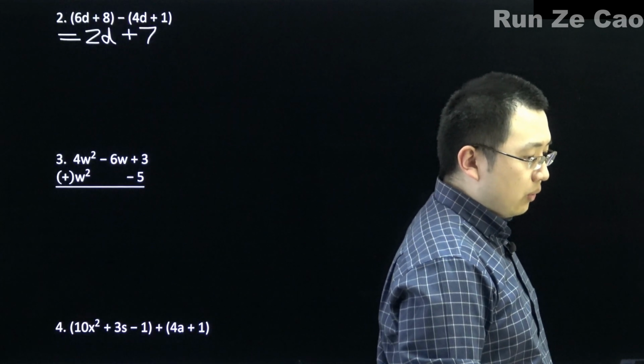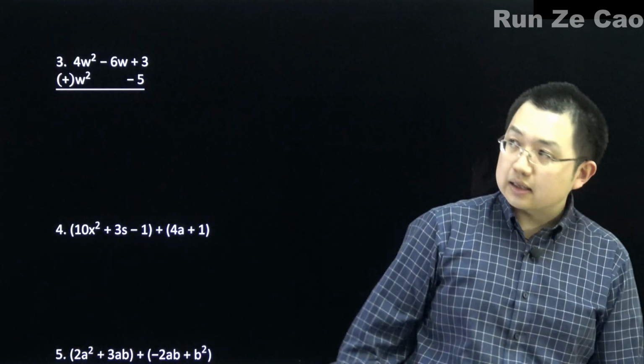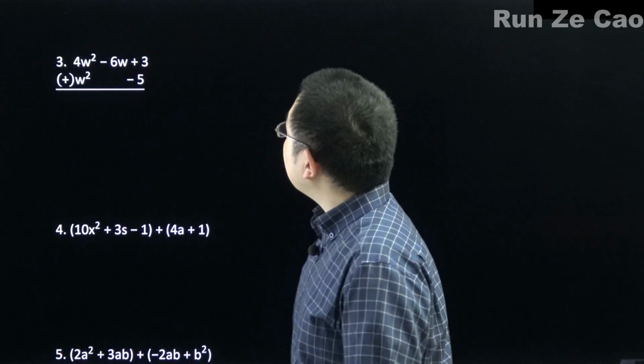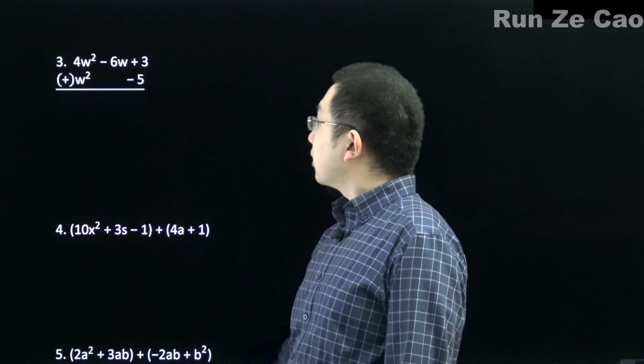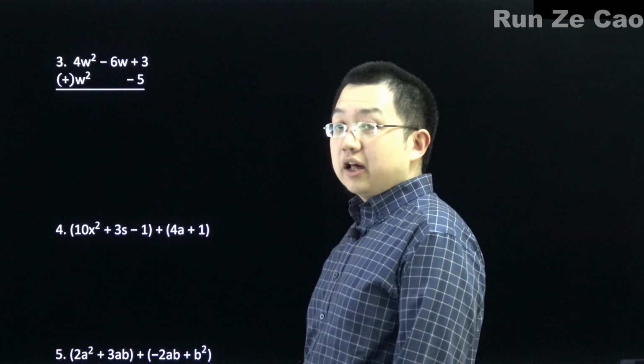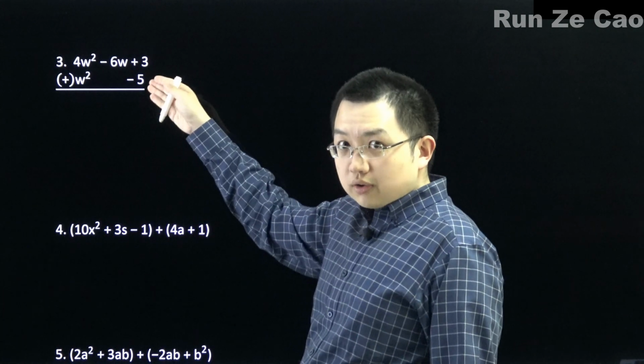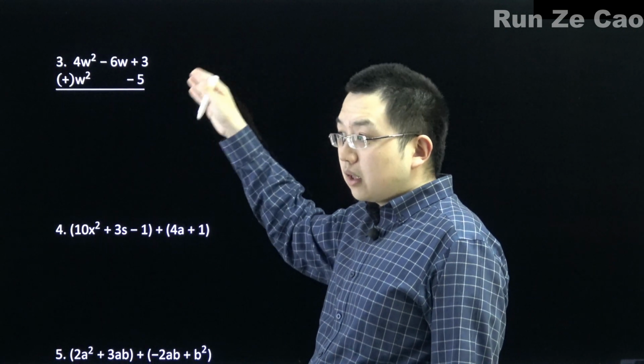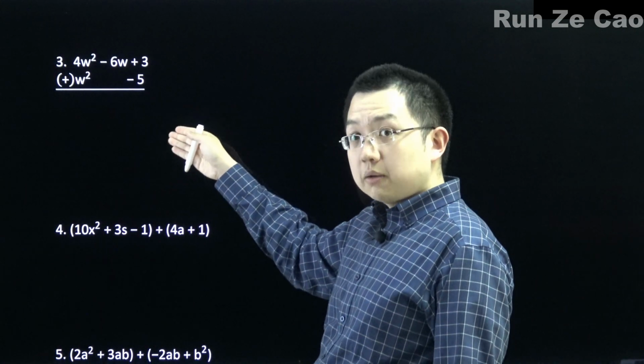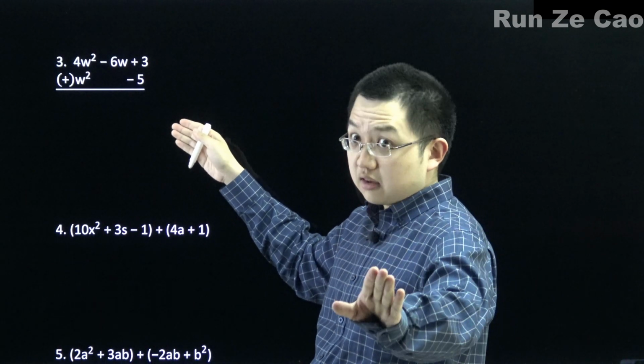And let's say we wanted to try this. 4w squared minus 6w plus 3, and then plus w squared minus 5. I'm showing you this way of grouping like terms just so that y'all know it exists, okay?